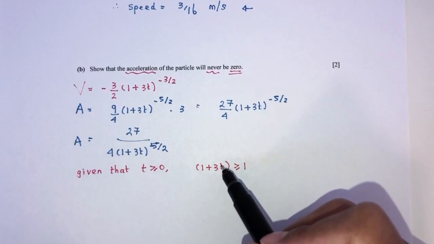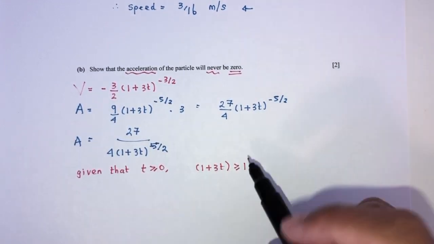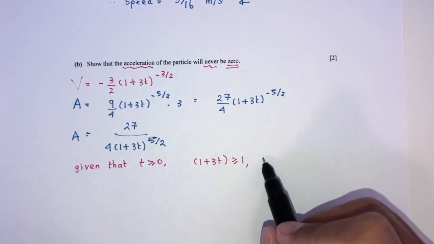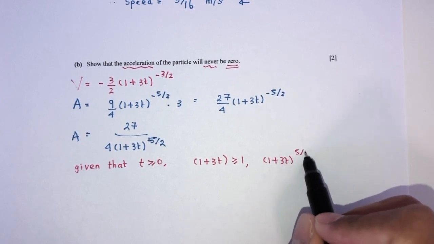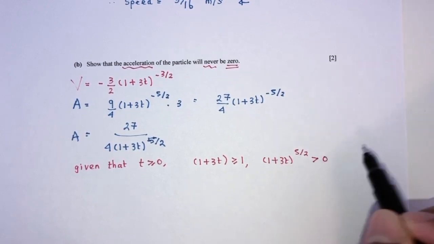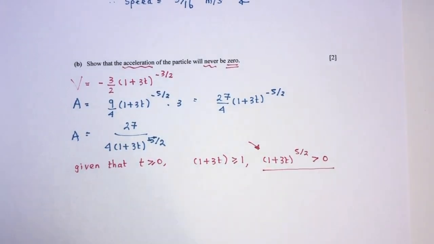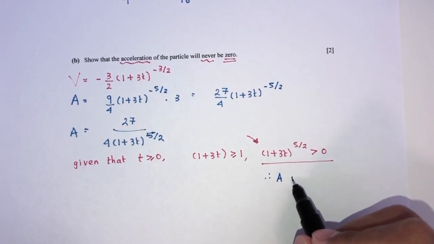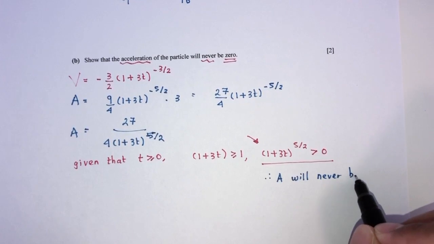If t is equal to 0, this will become 1. But if it's more, it will be increasing. So at least this will be 1. So hence, we understand that this will always be more than 0. Hence, we can conclude that acceleration will never be 0.